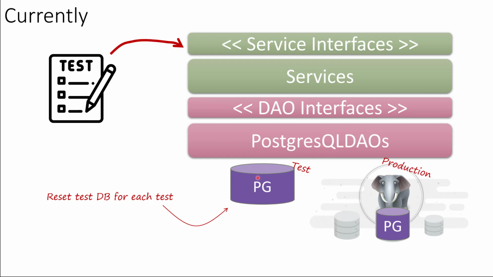So we want to perhaps reduce the number of integration tests that we do. So initially we're going to test from here. My tests are going to call on the data access object interfaces, and then we're going to add the service layer, and then next video, I hope, we'll look at the network.